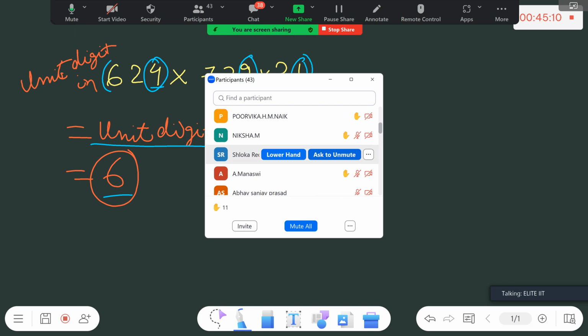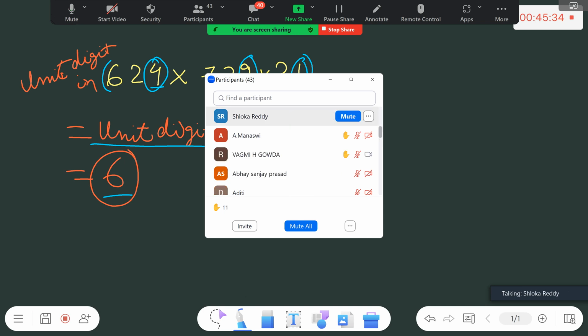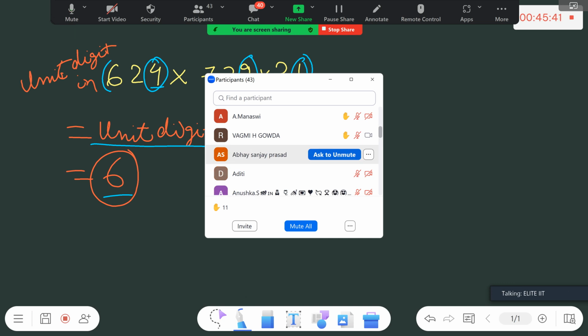Yes, Shloka, tell me, any doubt? Anybody who has put their hand up due to voice breaking, put your hands down, okay? We're having our doubt session now. Shloka, do you have any doubt to clear?